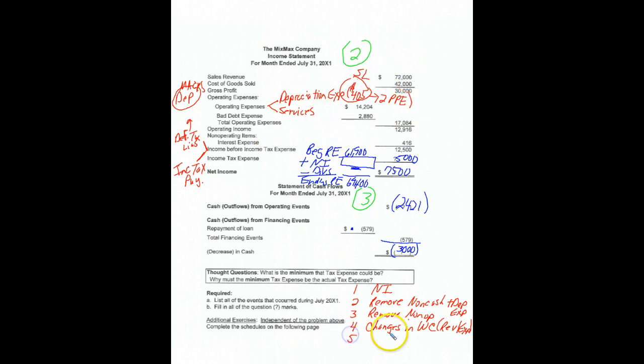Number 5 was the new thing. We're going to look at the changes in that deferred tax liability account. And we look at that because that is related to the income tax expense account.